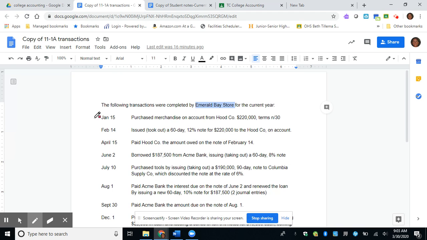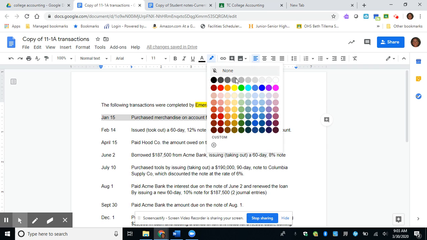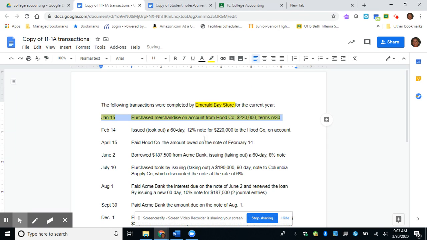So I'm just going to keep track of T-charts as I continue. My second transaction, so I'm going to highlight this one off. Done with this one. I took out a loan or a note from the Hood Company. You can see that this is 30 days later. So my bill is due. So instead of me paying a bill, I don't have the cash to pay the bill.